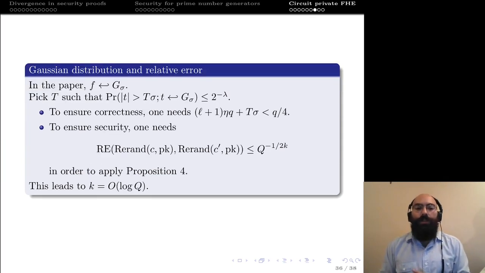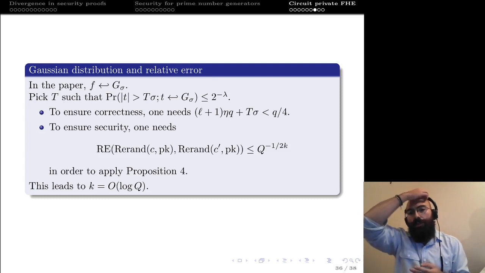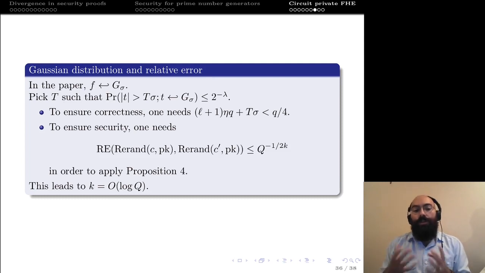Now in our paper, what we did is that we instead use a Gaussian distribution of center 0 for the noise F. Why did we do that? Well, remember that we want to use the amplification property for the relative error, and we need a technical condition on the support. What is nice with the Gaussian distribution is that any point has non-zero probability to appear, but when you're far enough from the center, it will basically never appear, or with really, really low probability.